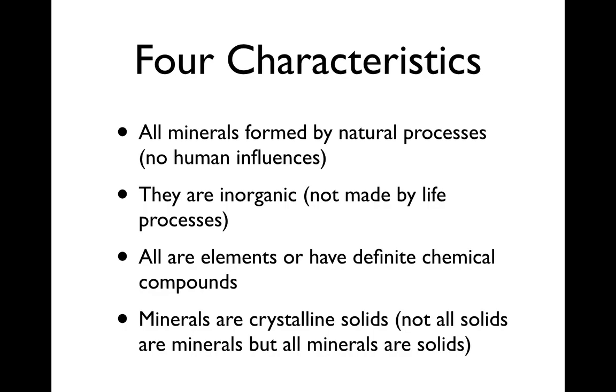Number one, all minerals are formed by natural processes, not influenced by humans. They're inorganic, which means they're not made by life processes. All are elements or have definite chemical compounds, and they are crystalline solids, which means they are solid and have a definite shape. Not all solids are minerals, but all minerals are solids. So if you have a mineral, it must be a solid, and it's a crystalline solid.